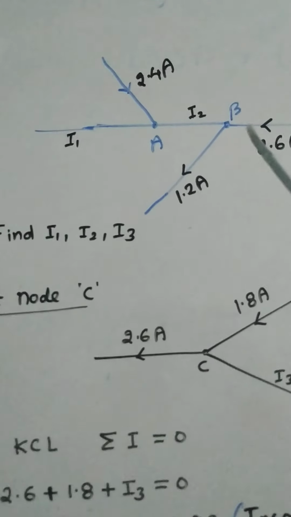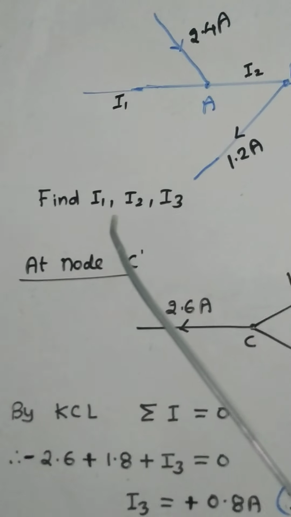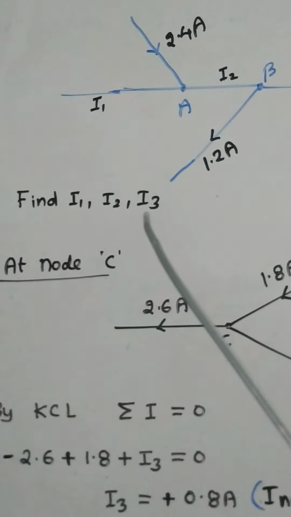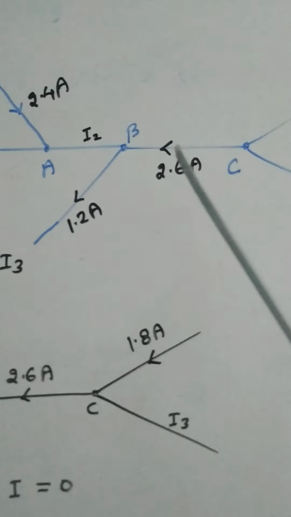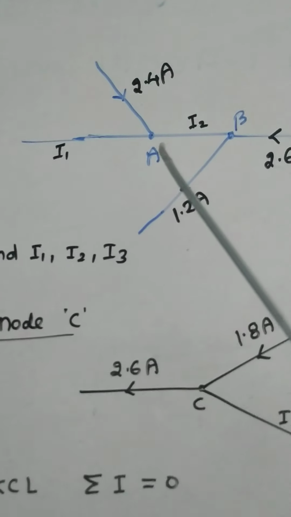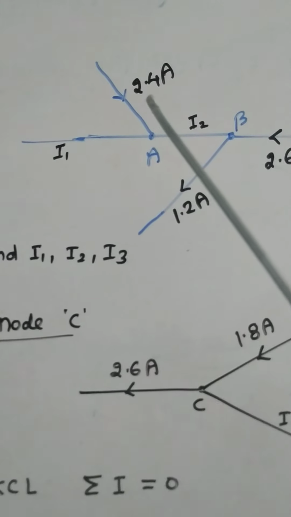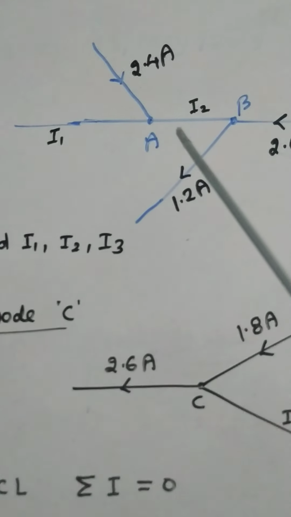Here is one example based on KCL, in which we have to find the values of currents I1, I2 and I3 by using KCL. A, B and C are the three node points. At node A, you can see 2.4 is the incoming current and I1, I2, two unknown currents, are there.